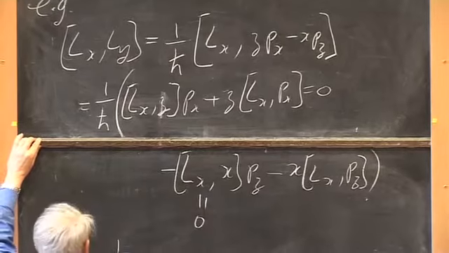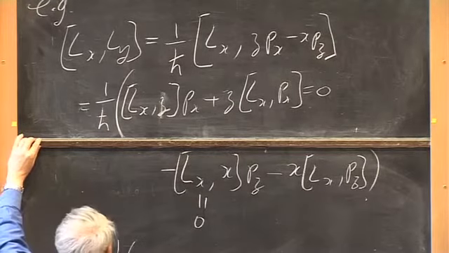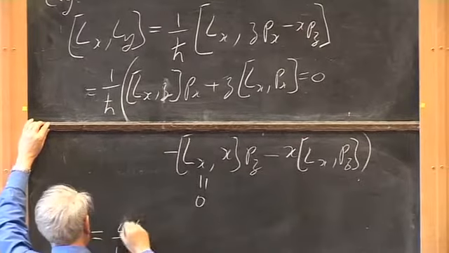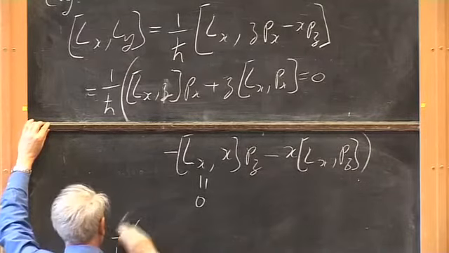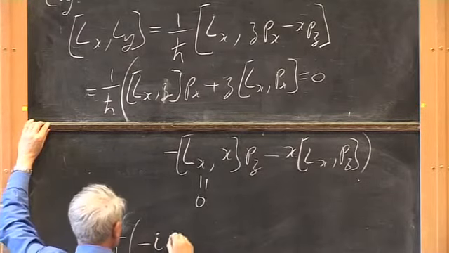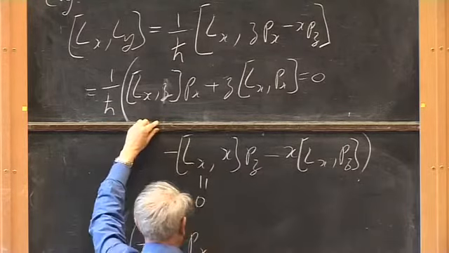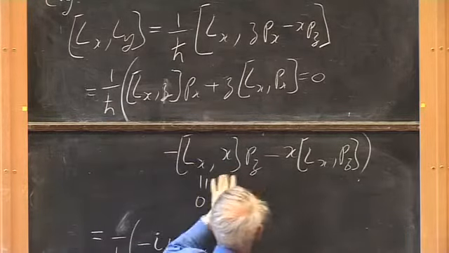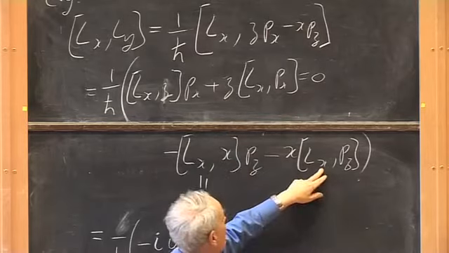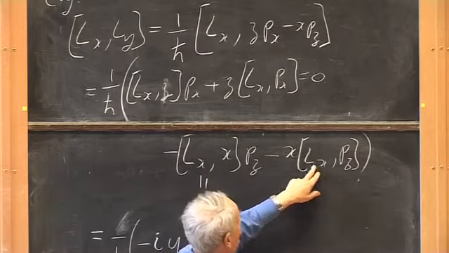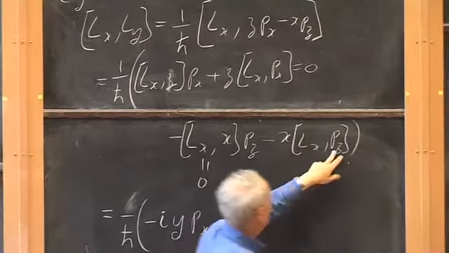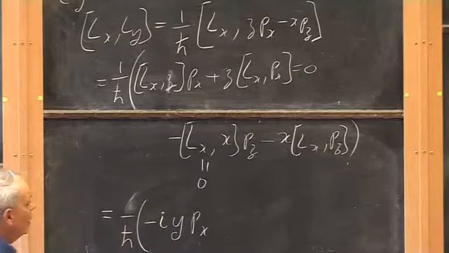So I think this will be 1 over h bar, brackets, and there'll be an i. A minus i times y from here times px. And this was zero, this was zero. This is the other interesting one. It'll be the same thing. This commuted with this will be minus i py.